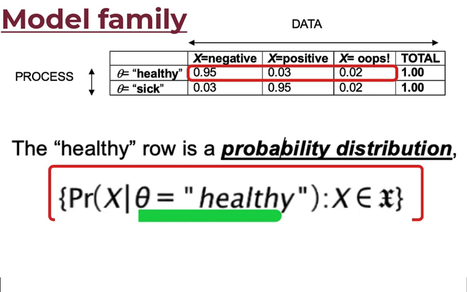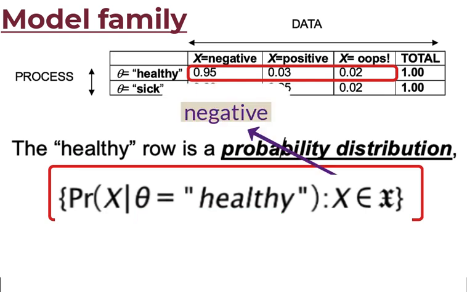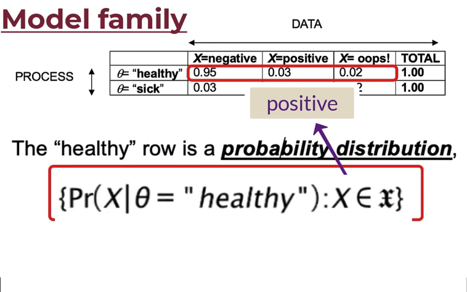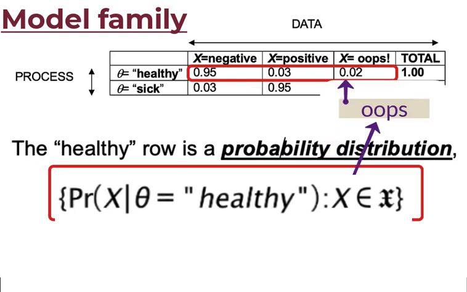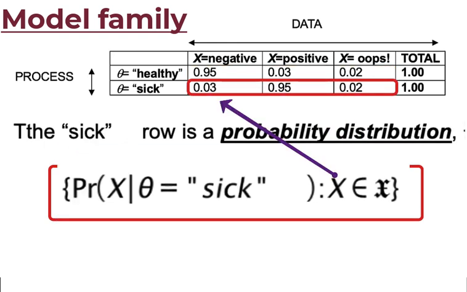And what you're seeing here is a function or a map or an indexed set where you map from the value of x to the number, value of x to the number, value of x to the number. That's called an indexed set. In other words, for every possible index x, which for us is positive, negative, and oops, you get that x's probability. And that's what this notation means.